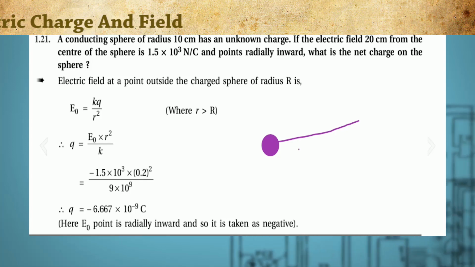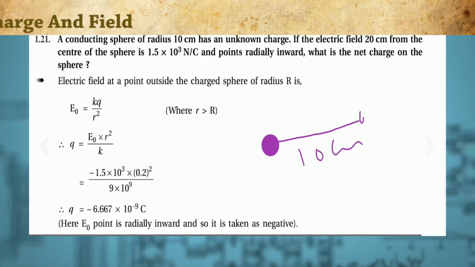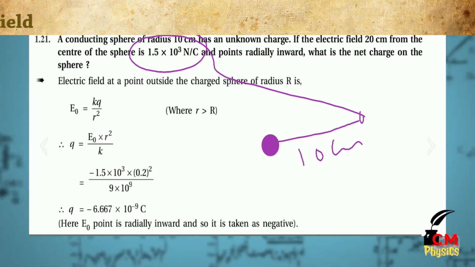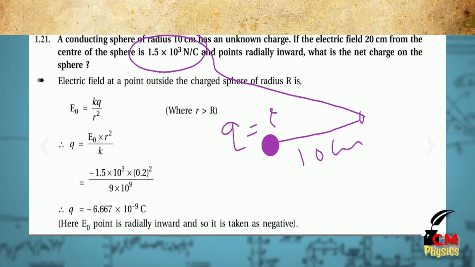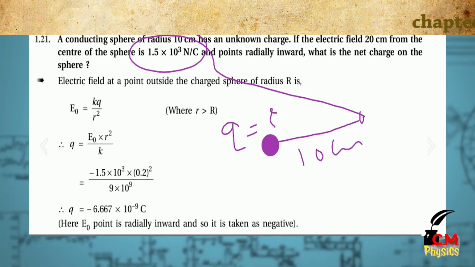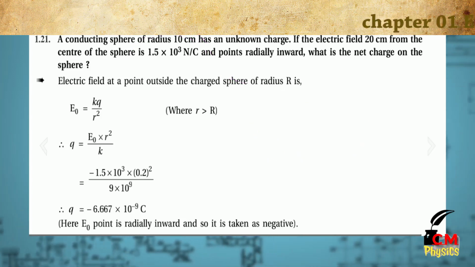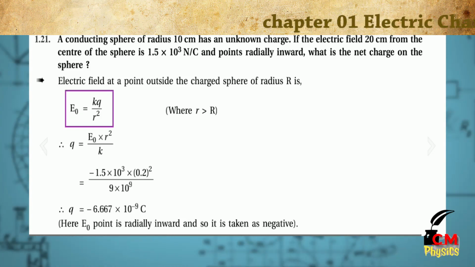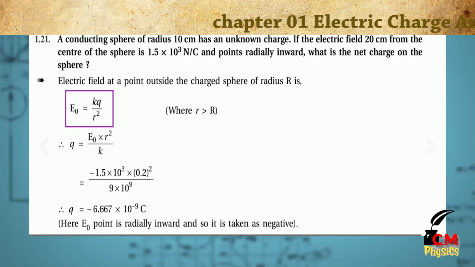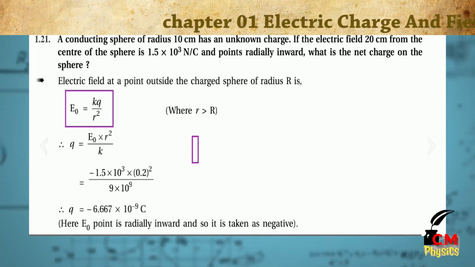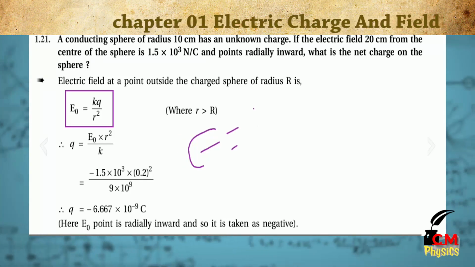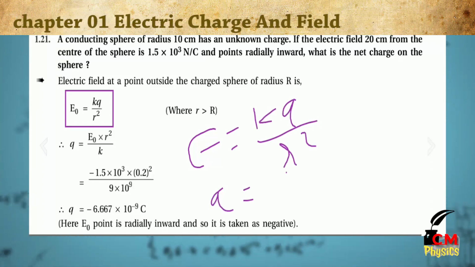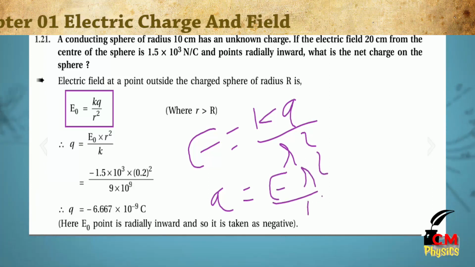From that point, the distance is 10 centimeter and the electric field produced is 1.5 into 10 raised to 3. We want to calculate the charge on the sphere. The formula of electric field is E is equal to kQ by R square, so Q is equal to ER square by k.